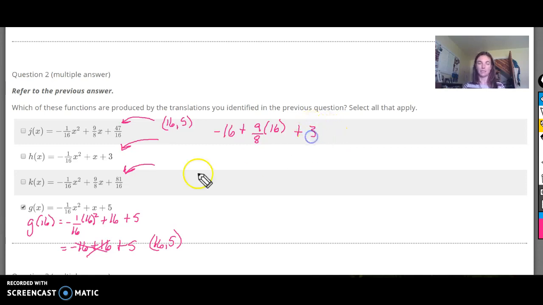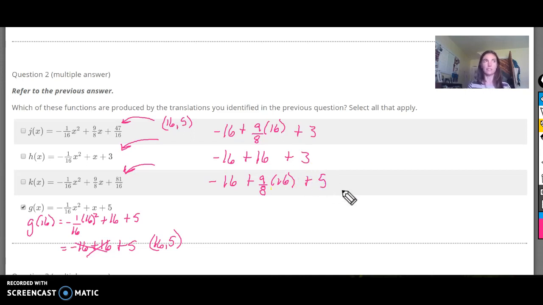We're just going to say 3. This one's going to be negative 16 plus 16 plus 3. And the last one will be negative 16 plus 9/8 times 16. And 81 over 16 is about 5.